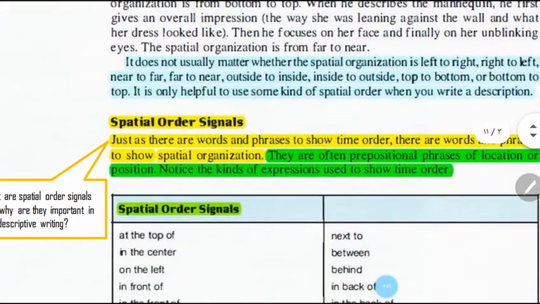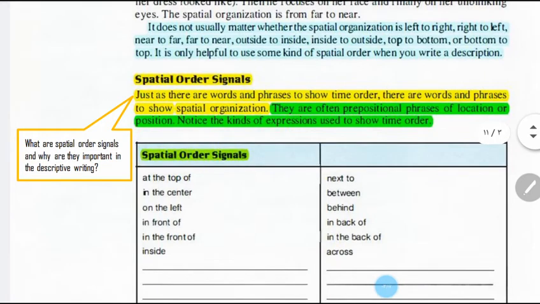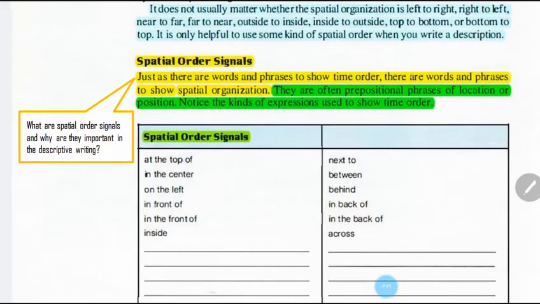Another important thing about spatial order: just as there are words and phrases to show time order, for example first, second, and so on, there are words and phrases to show spatial organization. What are these spatial order signals? They are, for example, at the top, in the center, on the right, on the left, in front of, inside, and so on.